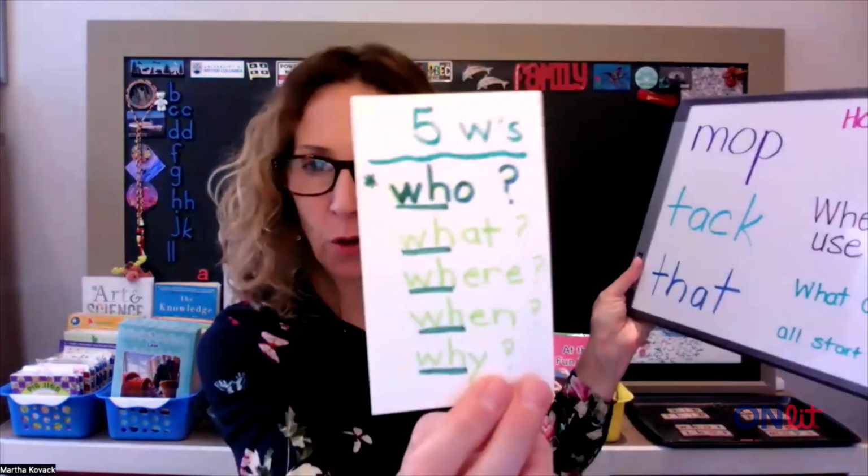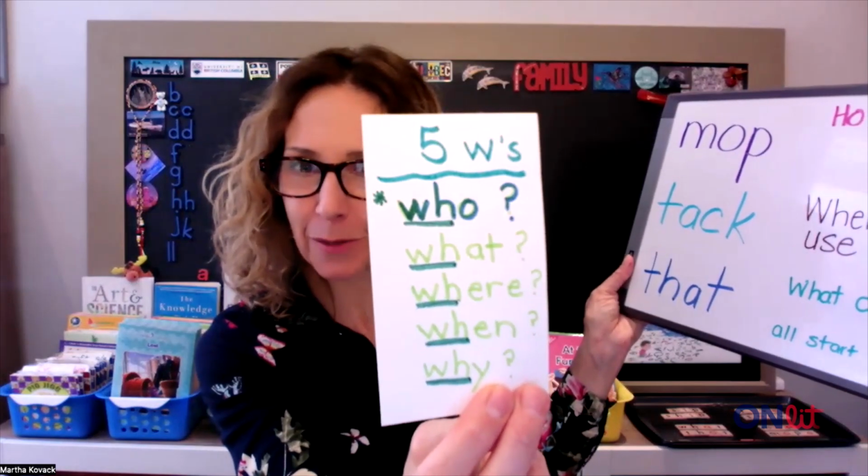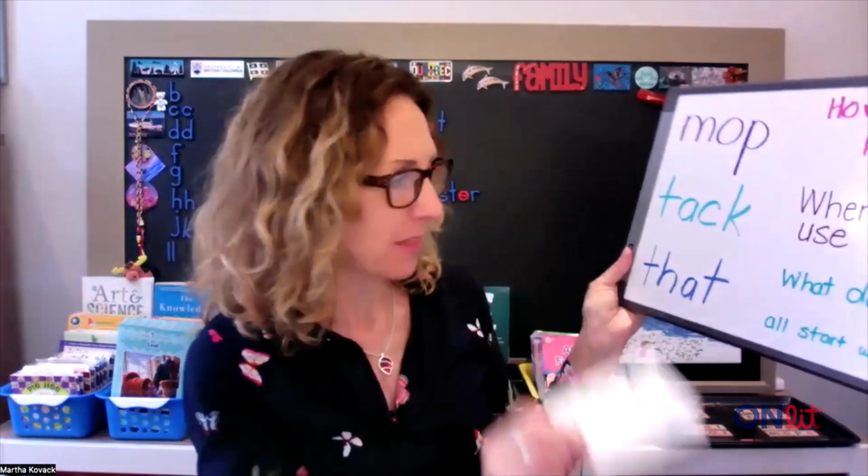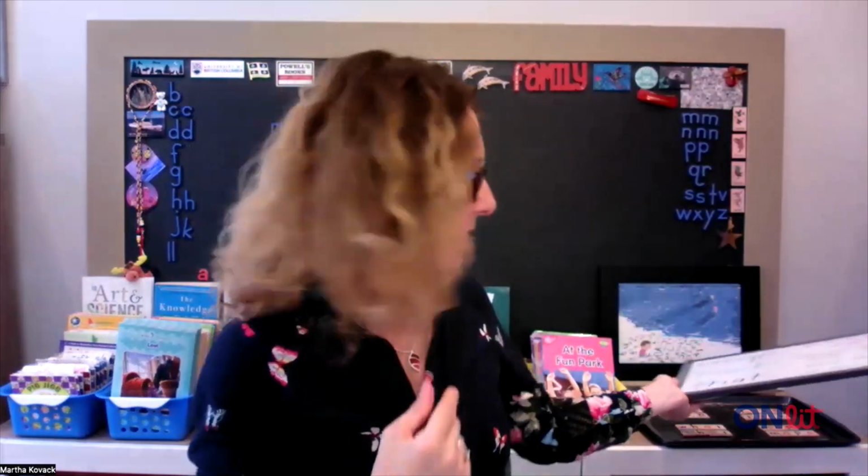So what do who, what, where, when, and why all start with? WH. And sometimes they can sort it out that way. And also, if it's just a regular WH word, the W, like when you go, my lips kind of make a W, sometimes that works. You have to go with what works for each student, and they're all going to be different.